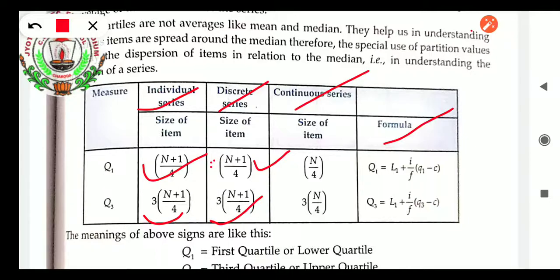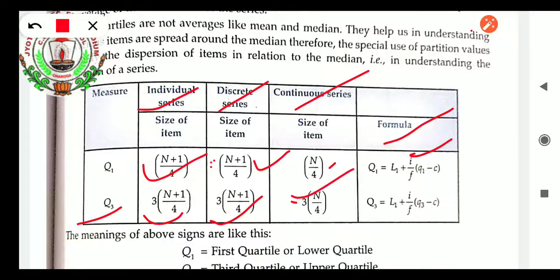In continuous series, the formula for size of item is n by 4th item, and Q1 equals L1 plus I by F times (Q1 minus C). Where M minus C we were taking, here Q1 minus C will be there. For quartile 3, here n by 4 we were doing, but here we will be doing n by 4 into 3.